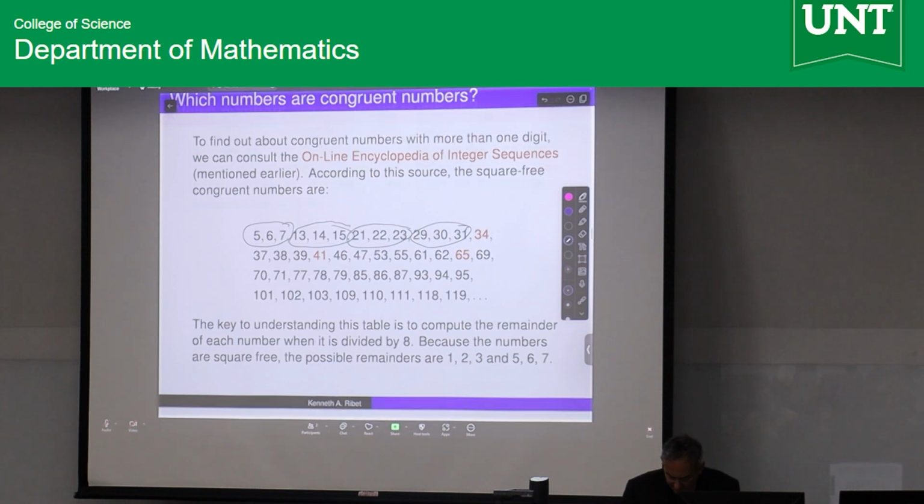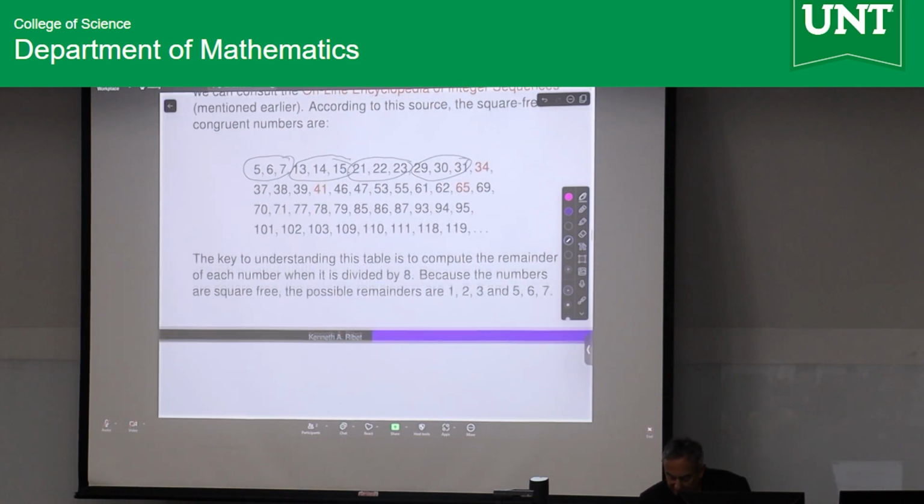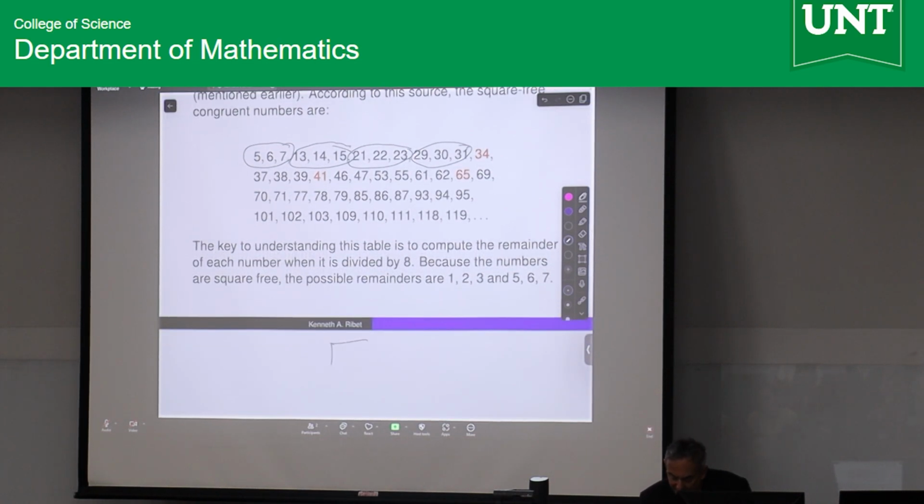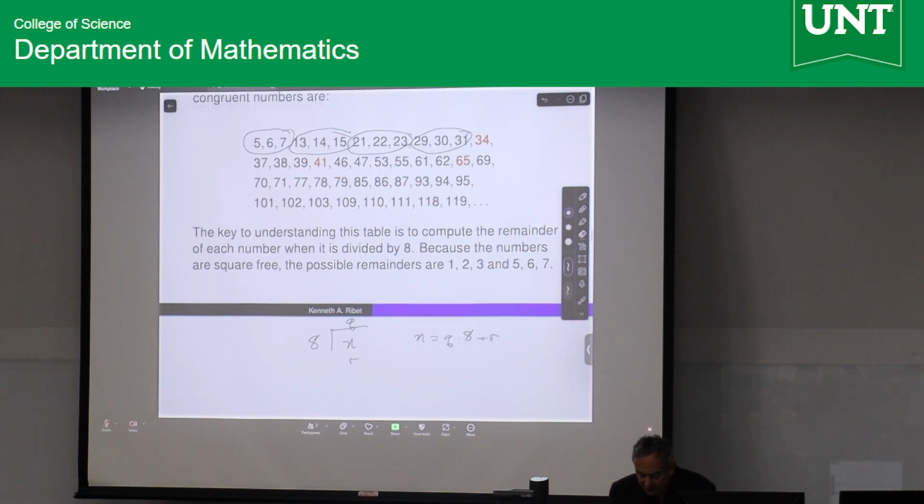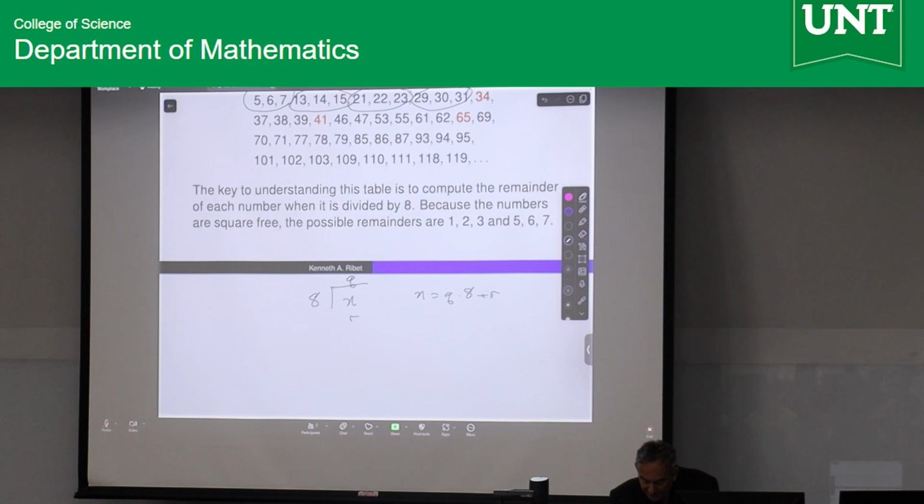So the idea, let's see if there's a blank slide. There's a blank slide right here. If I take a number n and divide it by 8, there will be some quotient and there will be some remainder. And that means that the number is 8 times q plus the remainder. And the remainder, a priori, means before you know anything, can be any of the numbers 0, 1, 2, 3, 4, 5, 6, 7.